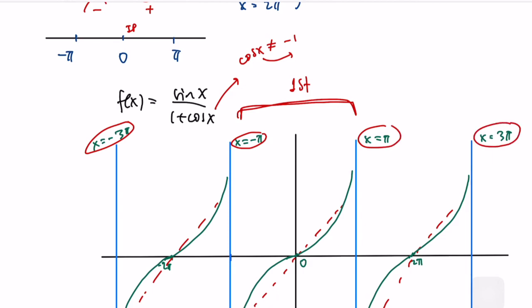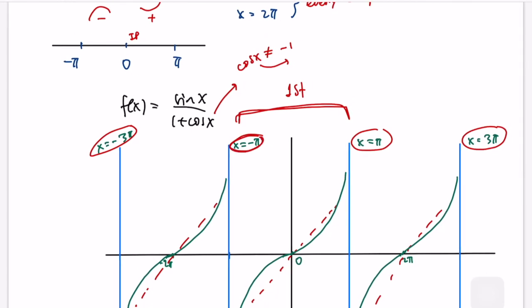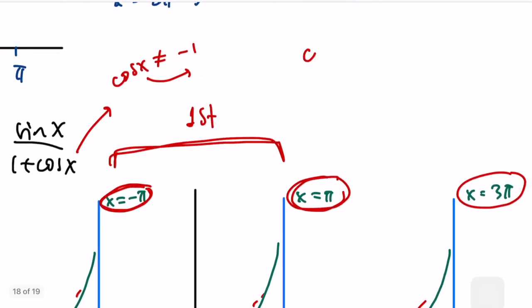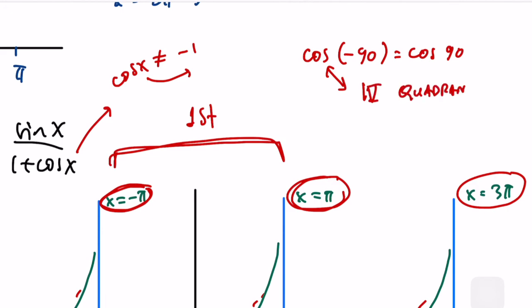Okay, so probably you will find that you will have -pi and pi, because cosine of -90 is the same as cosine of 90. Remember cosine has that property. It has the fourth quadrant on the trigonometry. If you remember trigonometry, that is the cosine property.